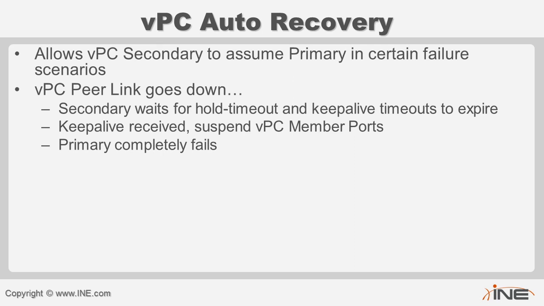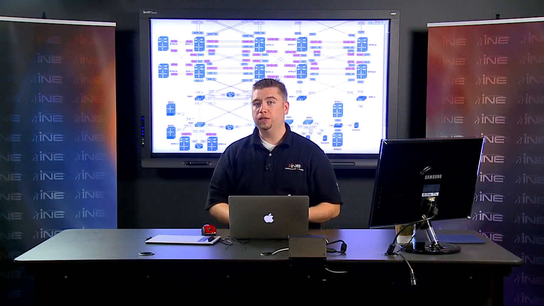In this case, with auto recovery on, the vPC secondary will be actively checking to see if the primary has gone away after the peer link is down. So again, the first thing that is triggering this whole situation is that the peer link communication was lost, but the keep alive was still there. As long as the keep alive is still there, the secondary is not going to enable its vPC member ports.